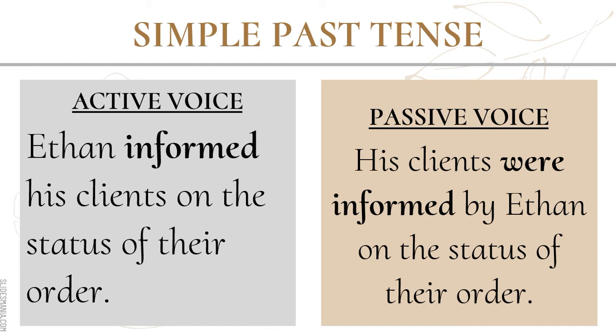Next. Active voice. Ethan informed his clients on the status of their order. So, in the passive voice, we have his clients were informed by Ethan on the status of their order. So, as you can see, there is a change in the subject. In the active voice, the subject is Ethan, and the doer of the action. However, the receiver of the action is his clients.